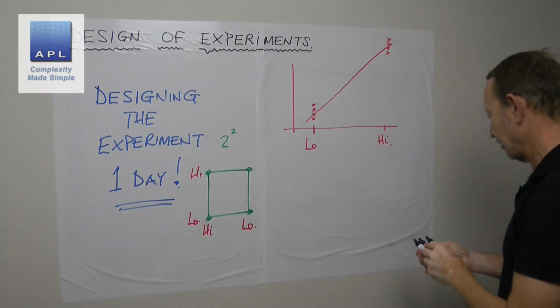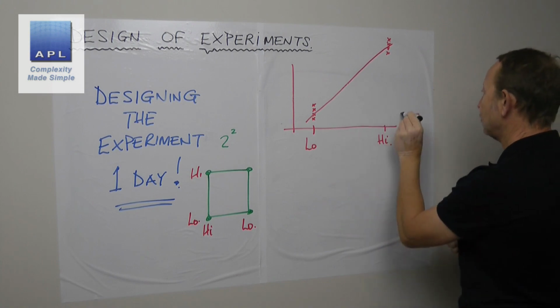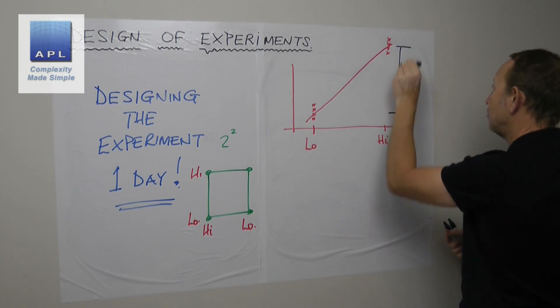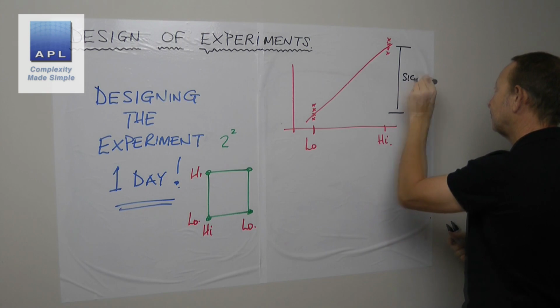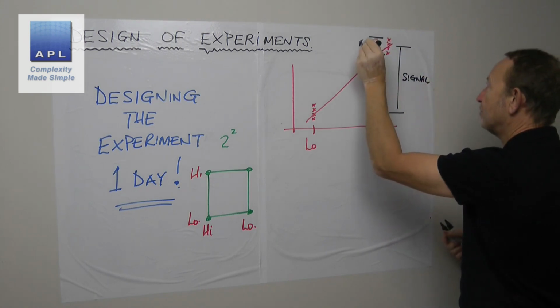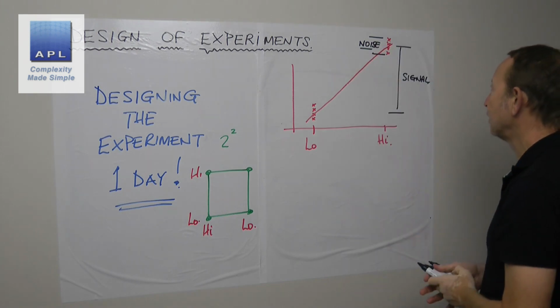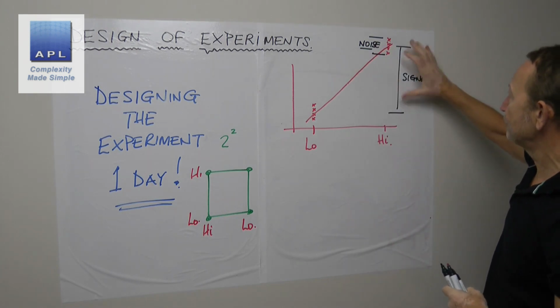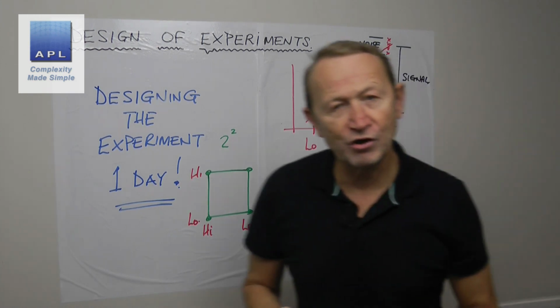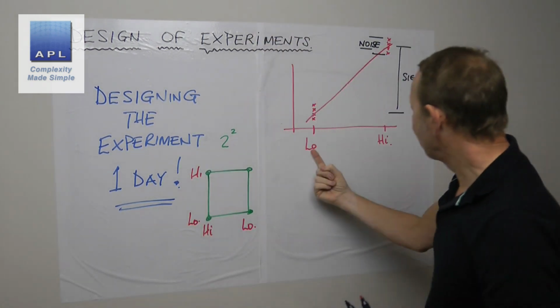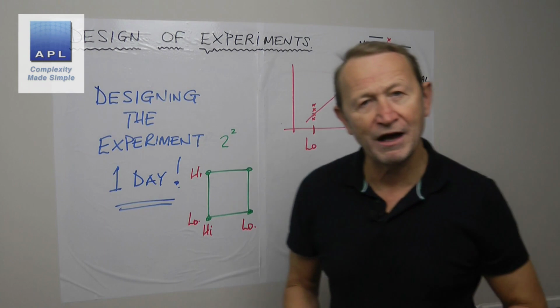So look at this thing. What we've done here is great because there is a nice big signal which is overcoming the small amount of variability or noise. So we can clearly observe the signal above the noise. That's fantastic. That's because of where we put the high and the low.